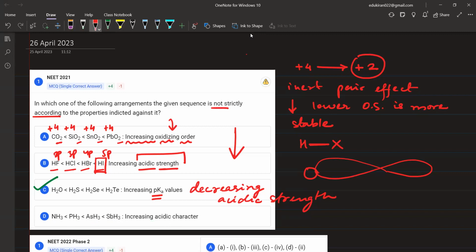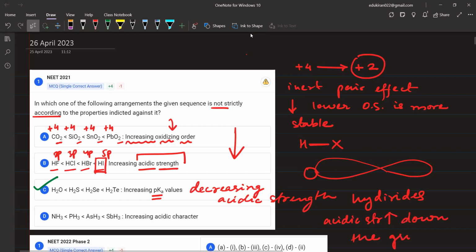So one thing you understood: if you have hydrides, then acidic strength increases down the group. Please write this down. Let me know once you're done.